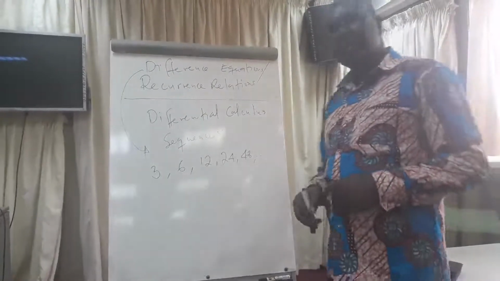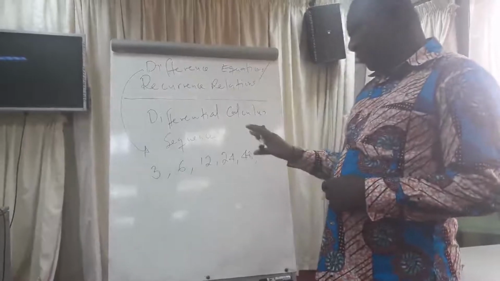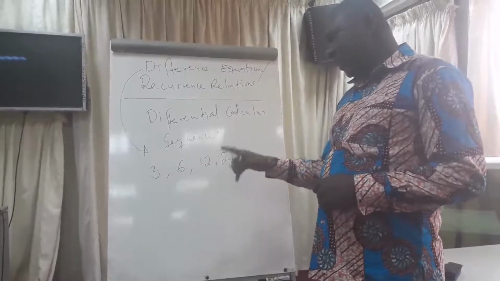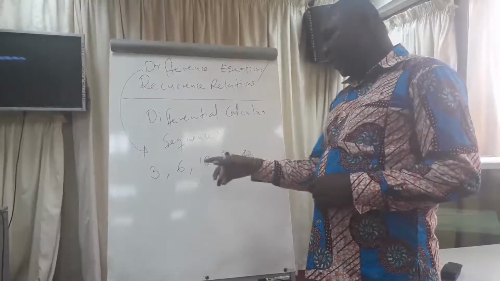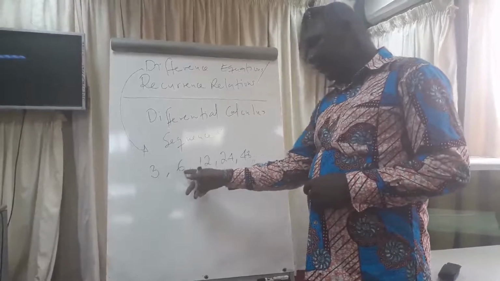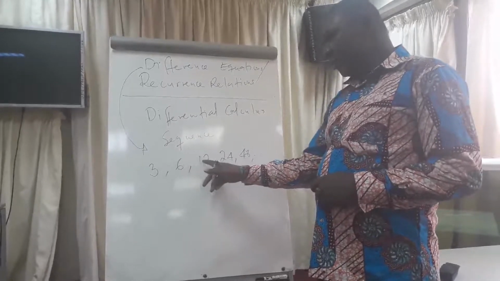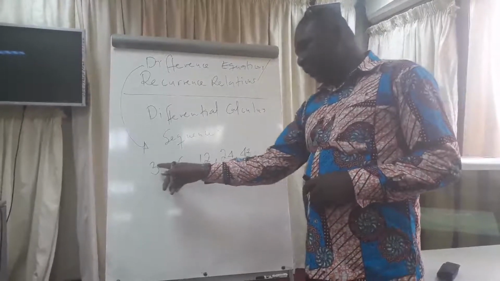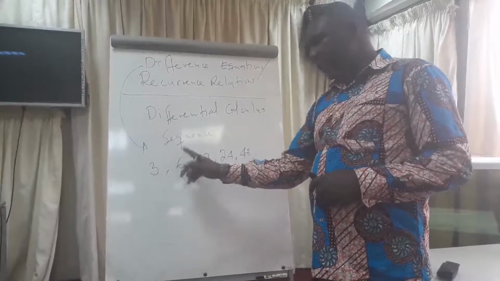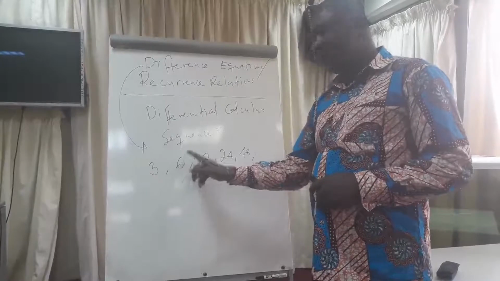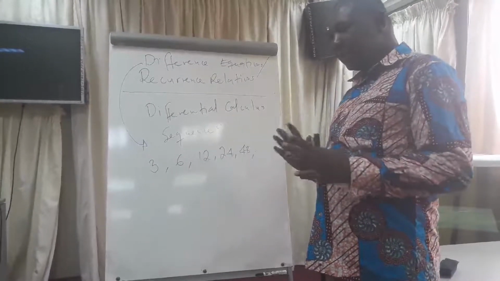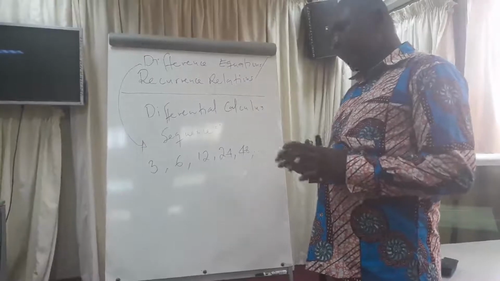Clearly, you can try to find out what is happening here. This is the first term, the second term, the third term. What is the relationship between the first term and the second term, and between the second term and the third term? It's going in a certain pattern.